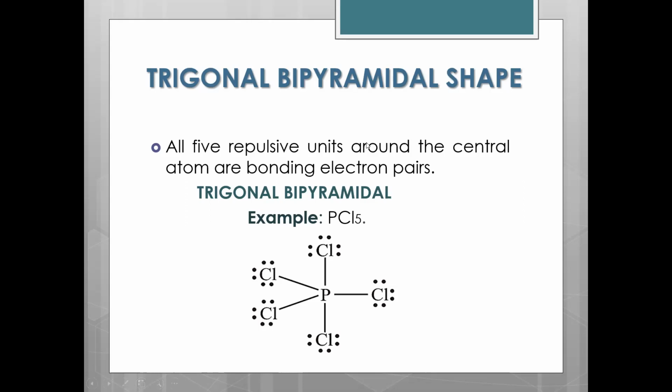So this is the shape of PCl5. Can you count? 1, 2, 3, 4, 5. 5 VSEPR units, and all 5 are bonding electron pairs. Therefore, the shape of PCl5 is trigonal bipyramidal.